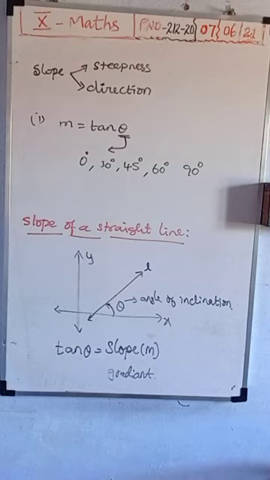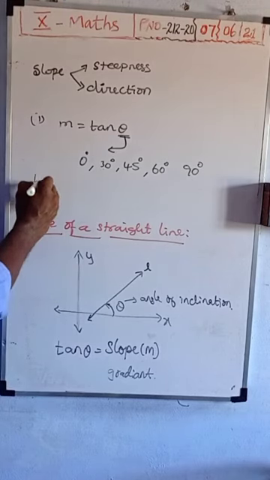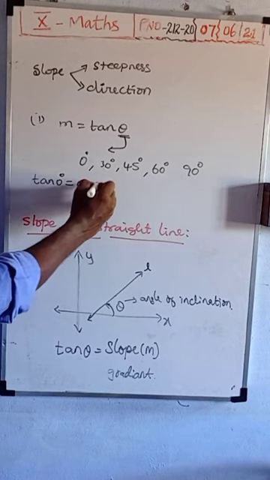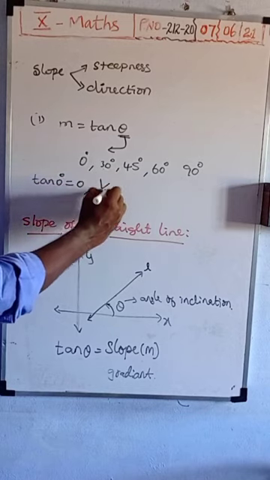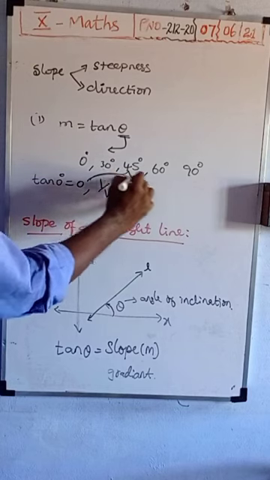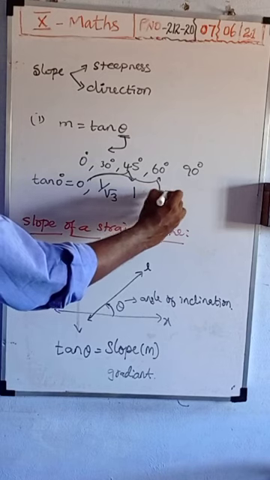So these are the values you want to know first. You already know the values. Tan 0 is 0. Tan 30 degree means 1 by root 3. Tan 45 degree means 1. Tan 60 degree means root 3.